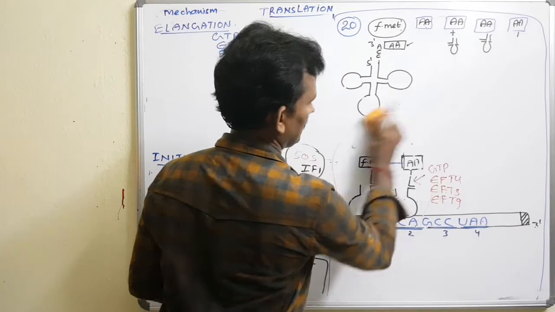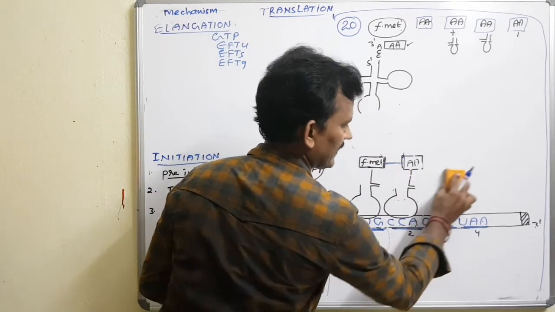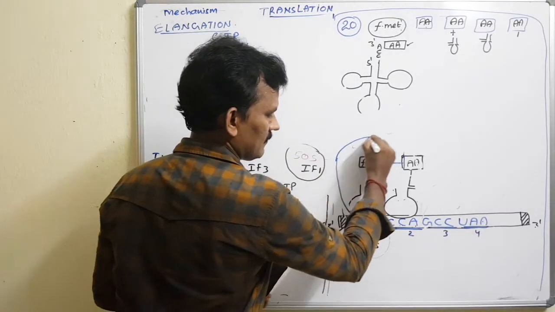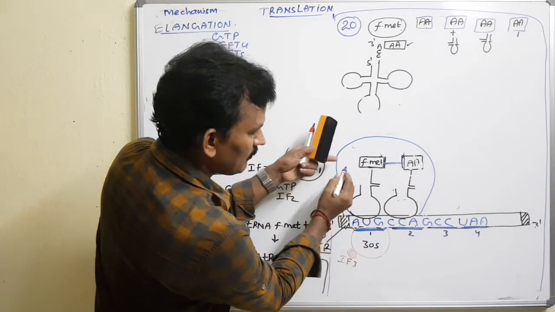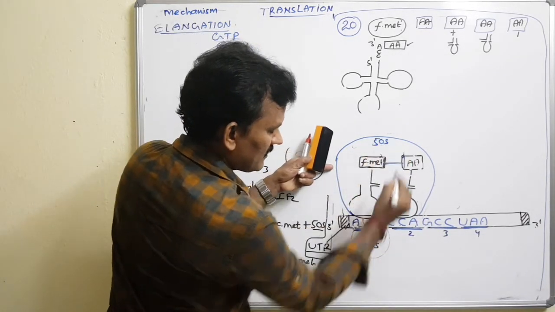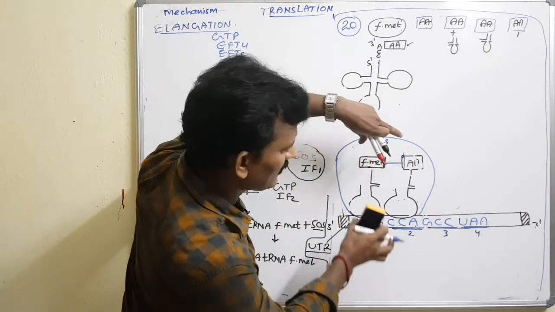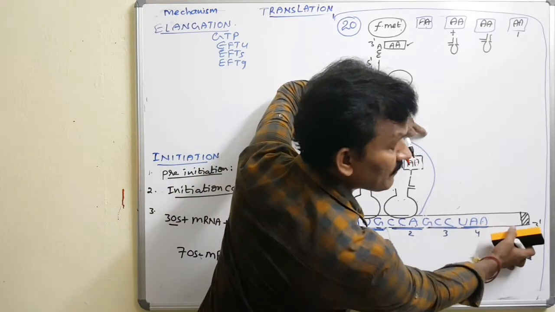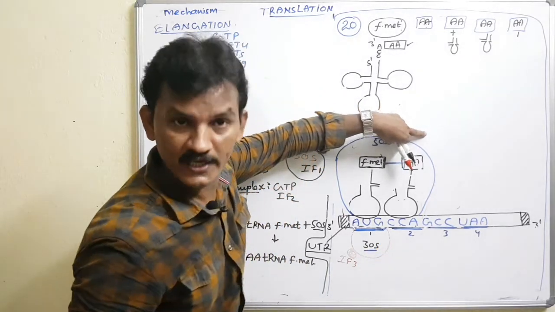Now I need to explain the mechanism. Both the 50S ribosomal subunit and the 30S ribosomal subunit move over the mRNA towards the 3 prime end. This is called translocation.